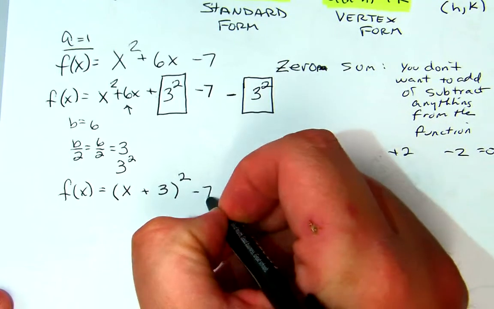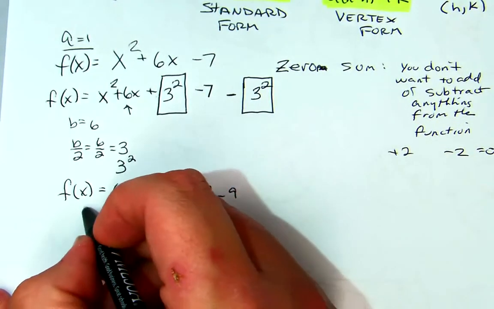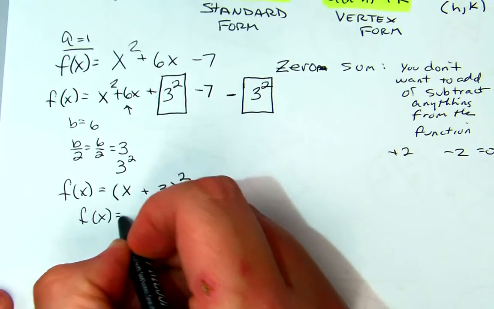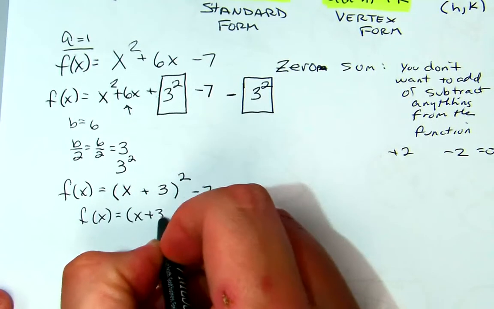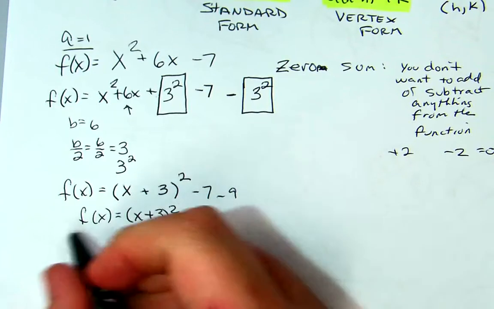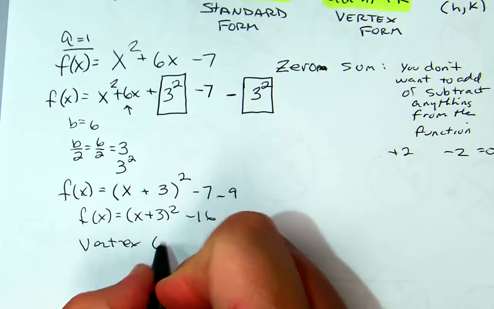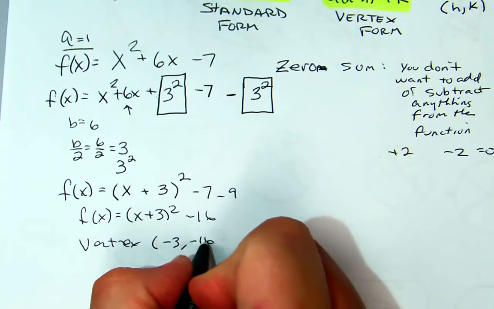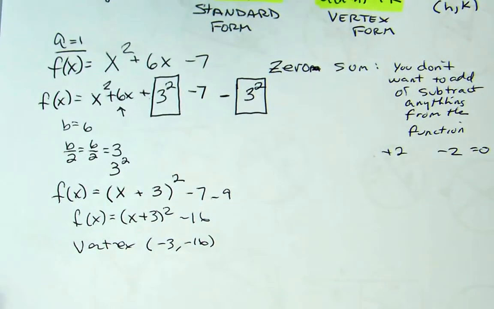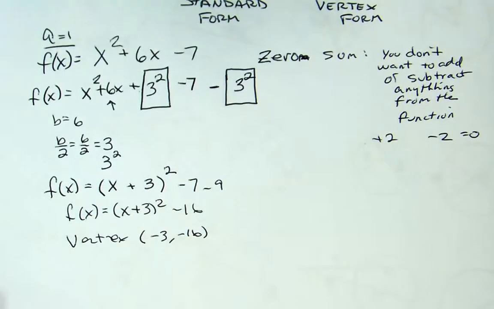I have negative 7, and now I have minus 9. So my f of x is really (x plus 3) squared minus 16. My vertex is going to be at negative 3, negative 16. So we're able to find our vertex just by doing this process. And when a equals 1, this process works 100% of the time.